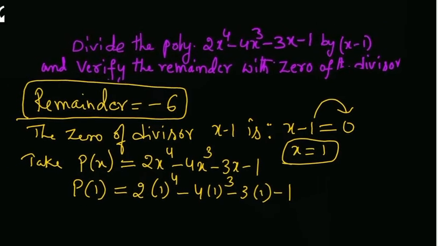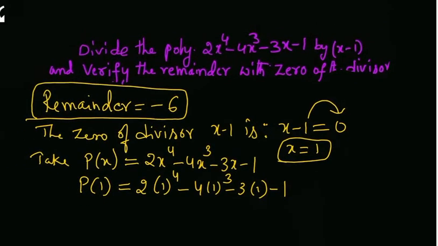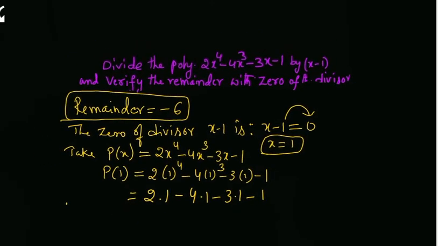And after that, simplify this. 2 into 1 power 4 is nothing but 1, and minus 4 into 1 cube, this also 1, minus 3 into 1, minus 1. So we get 2 minus 4 minus 3 minus 1.